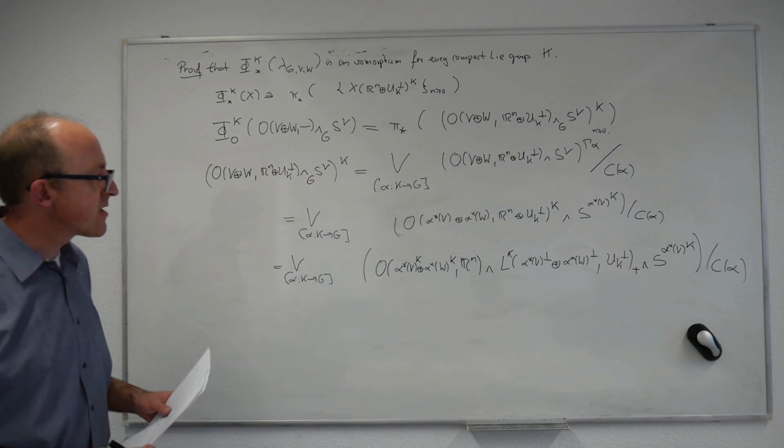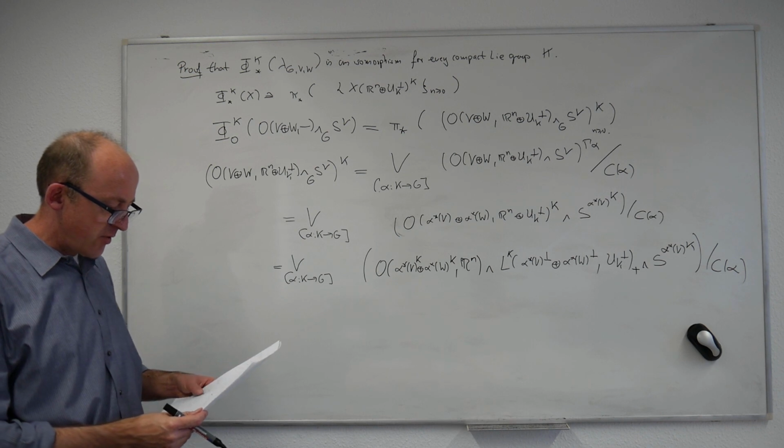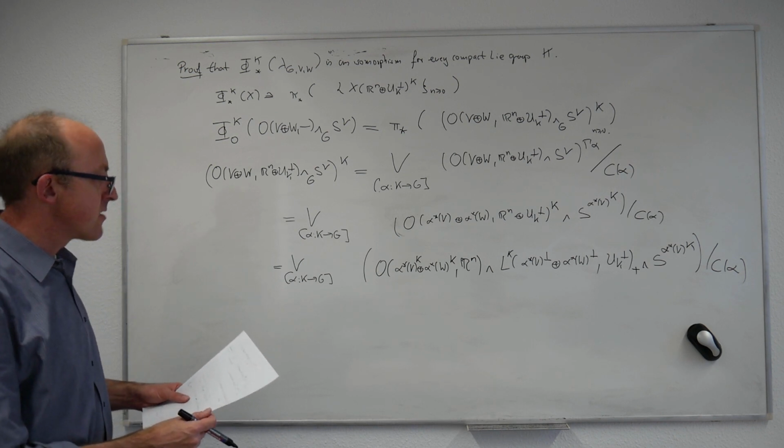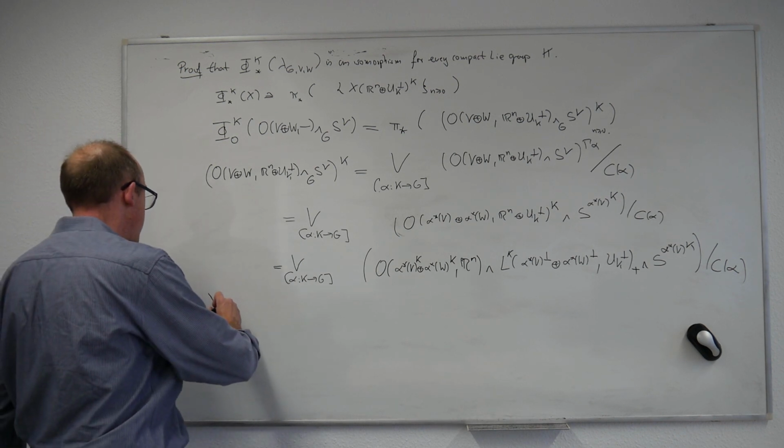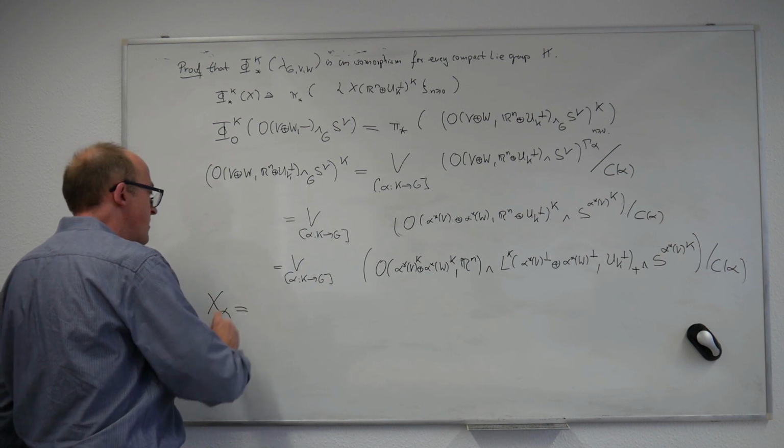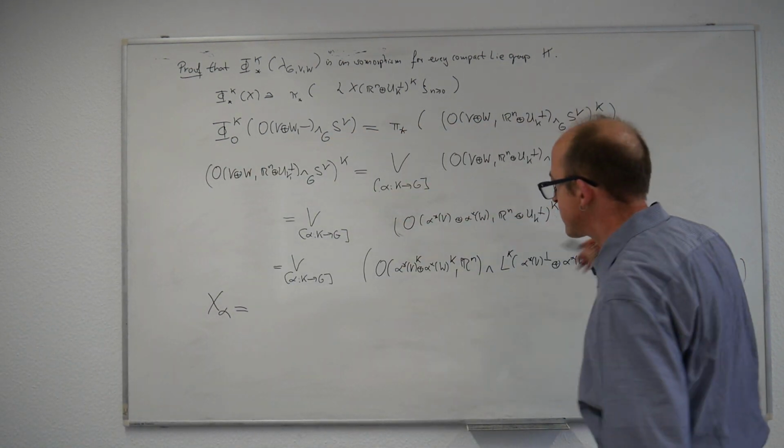So this is the description that I want to work with, and I just want to abbreviate this a little bit. So let me write X alpha for the spectrum which has these terms.